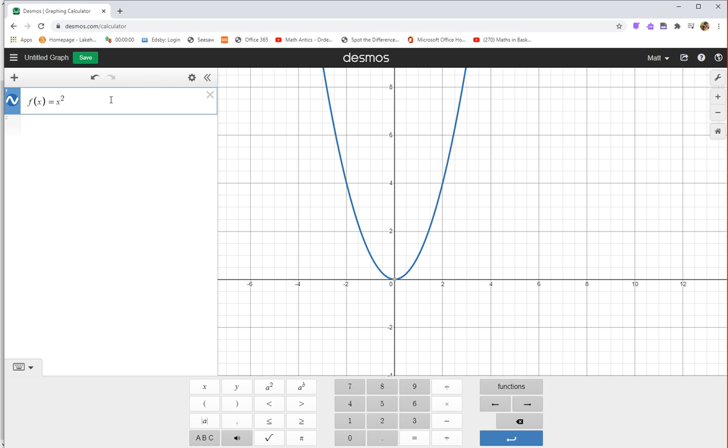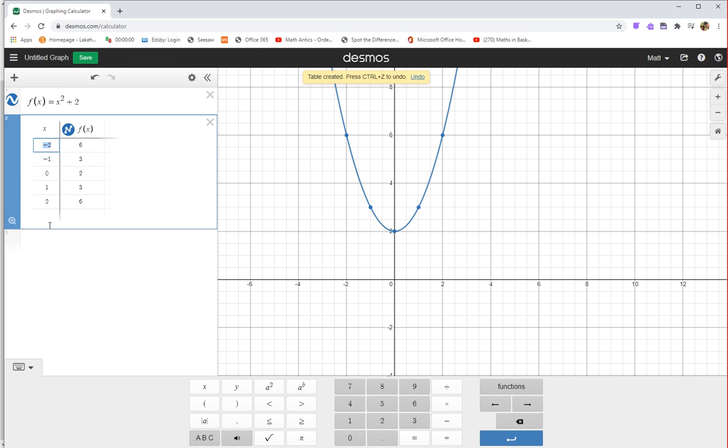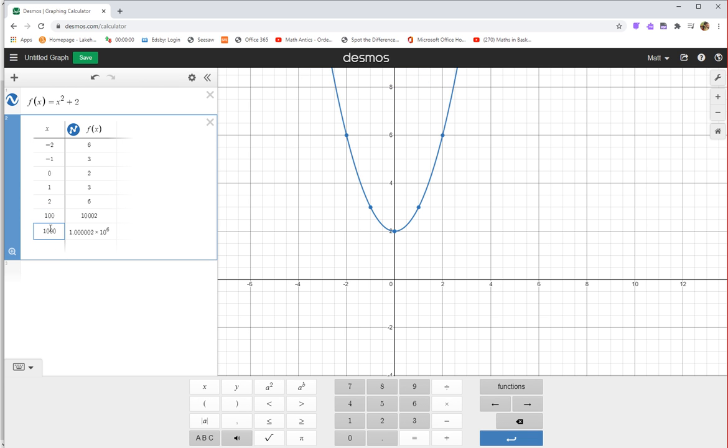So there's my quadratic. And this one was +2? I think it was +2. Is that right? Yeah, +2. So we see it's getting wider and wider as we keep going up and up. And you could put in any x value you want. If I got my table of values, I could put in an x value of 100 and I get an output. I could put in an x value of 1,000 and I get an output.